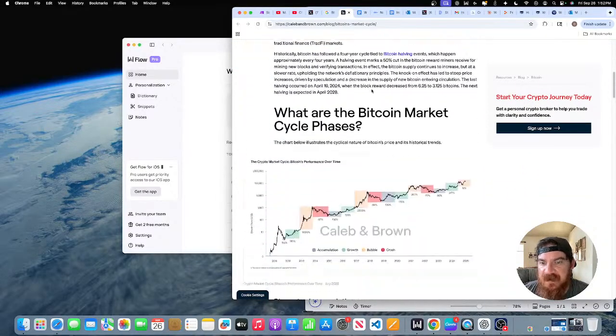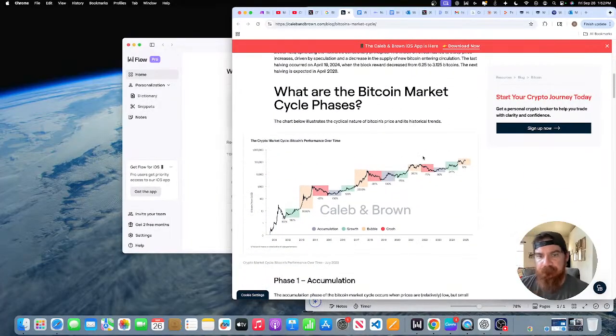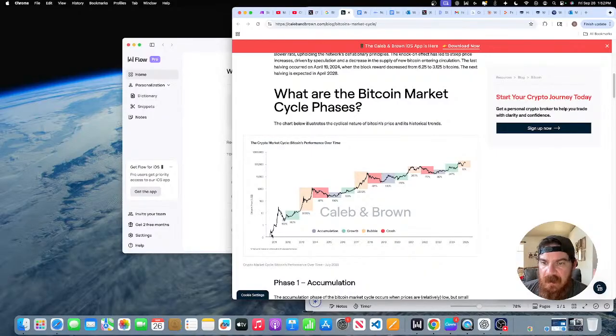Bitcoin's market cycle. Now, without reading this in, I'll just kind of explain it. Okay. So this is a logarithmic scale of Bitcoin since its inception. So if you're looking at it in a day, you're not going to see any of these major dips.